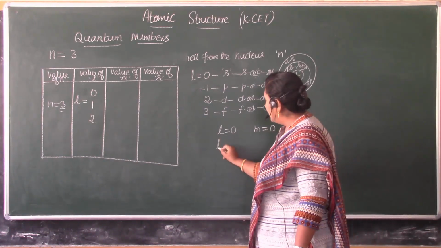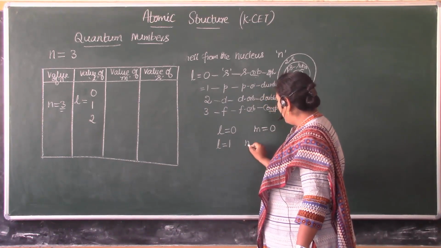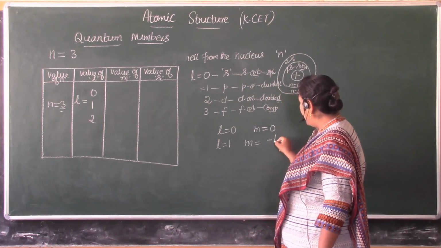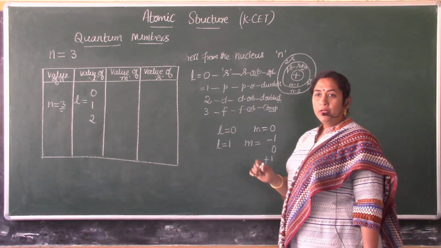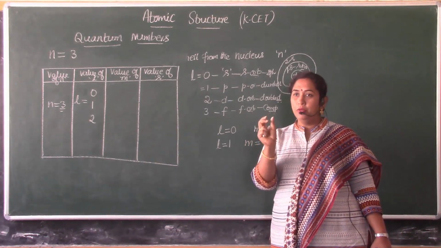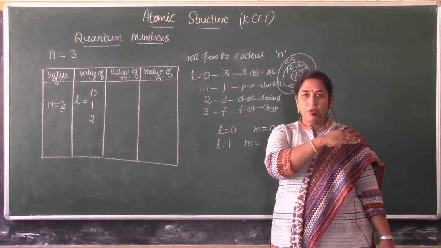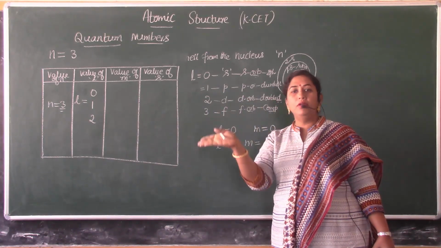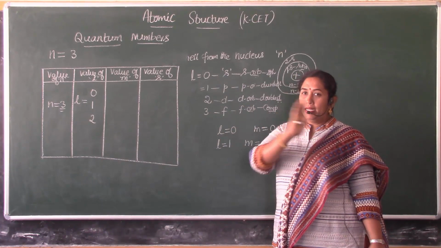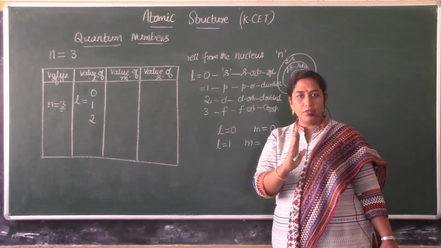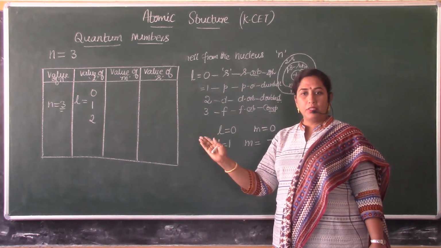If L is equal to 1, M will be -1, 0, +1. So the orientation will start 1 unit before the 0, then the origin point and 1 unit to the right. However much the value of L, so many negative values, then 0, then so many positive values.